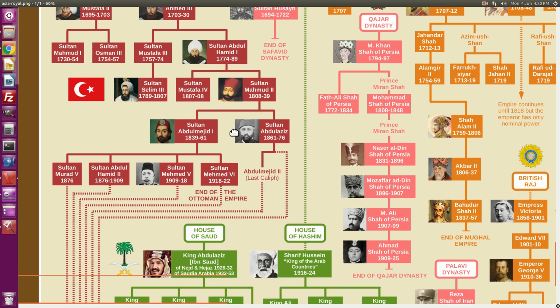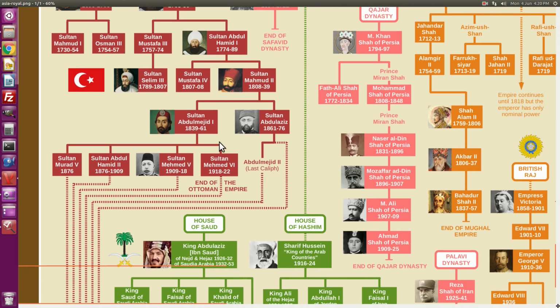And at this point, we're getting very close to the final rulers. And so at this point, there are two different lines that kind of split off from each other. The first son here, Abdülmecid I, becomes Sultan in the mid-1800s, and then is followed by his brother, Abdülaziz.